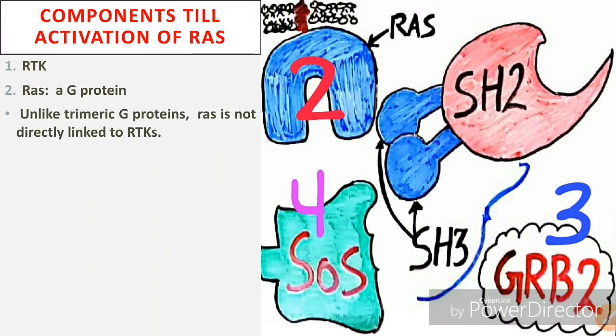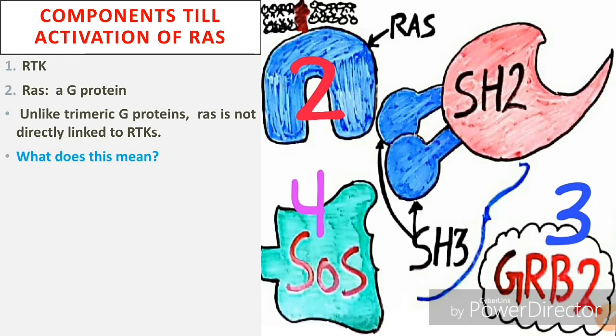Now, unlike trimeric G proteins which are directly coupled to receptors, the RAS protein is not directly linked to receptor tyrosine kinase. This is very important. In case of the GPCRs, or G protein coupled receptors, the receptor is directly attached to the trimeric G protein. But here in RTKs, or receptor tyrosine kinases, the monomeric G protein or the RAS is not directly linked.